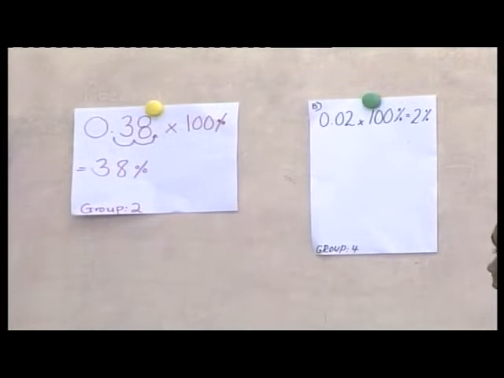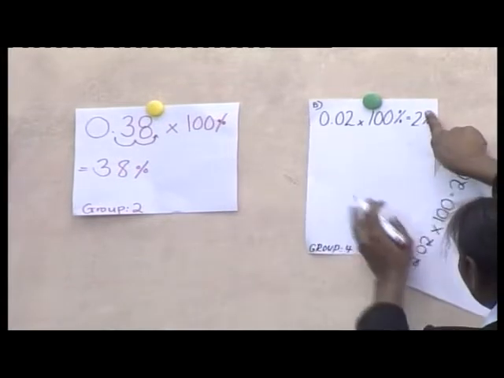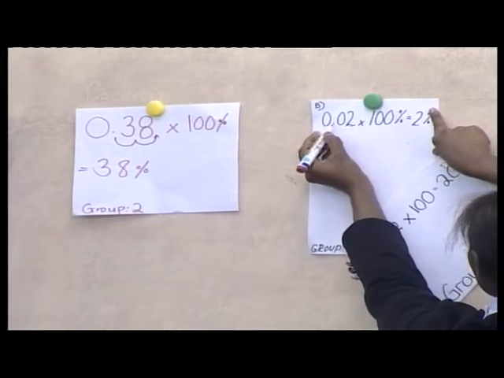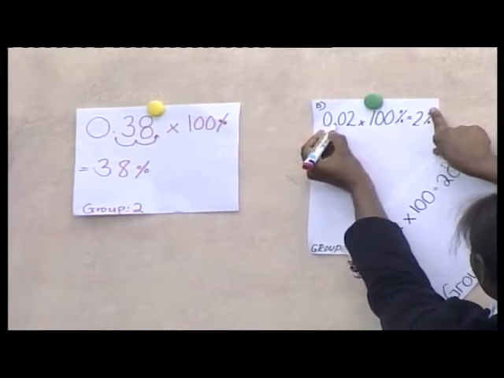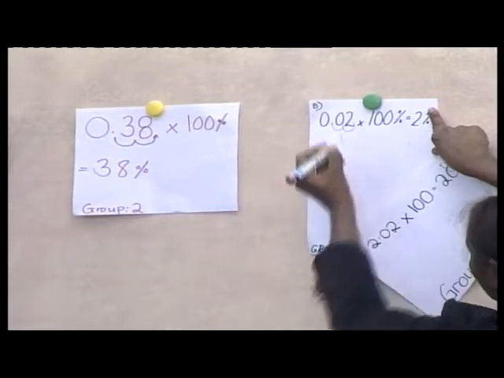Okay, because we are multiplying, which direction are we going to move our decimal point? Okay, to the right. So looking up now on the board, I will now move this decimal point. 1, 2.